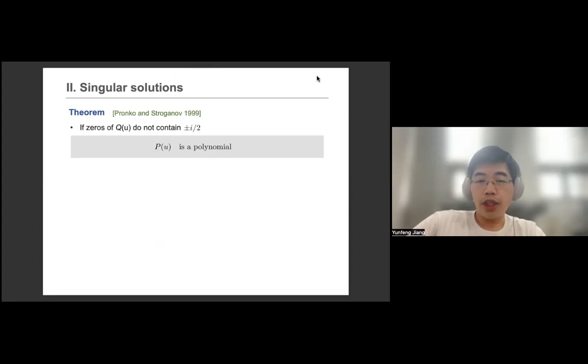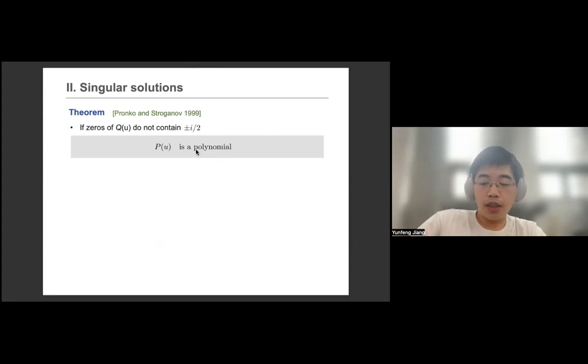The first part is proven in a paper by Pronko and Stroganov in 1999. This says, if the zeros of Q(u) do not contain ±i/2, namely if this solution is not a singular solution, then P(u) is a polynomial. Actually, they can construct this P(u) and check that it satisfies the Wronskian relation.